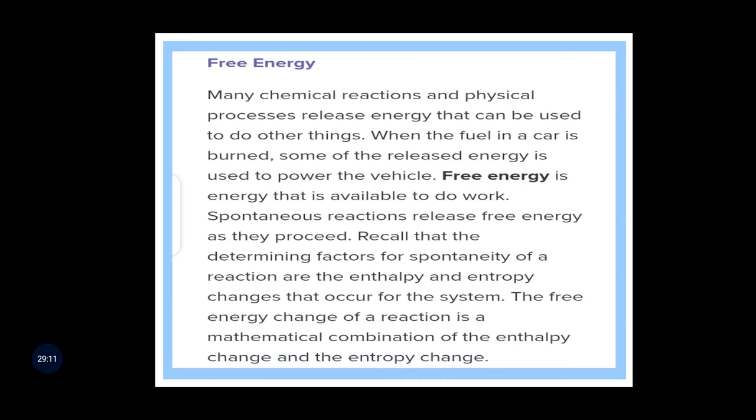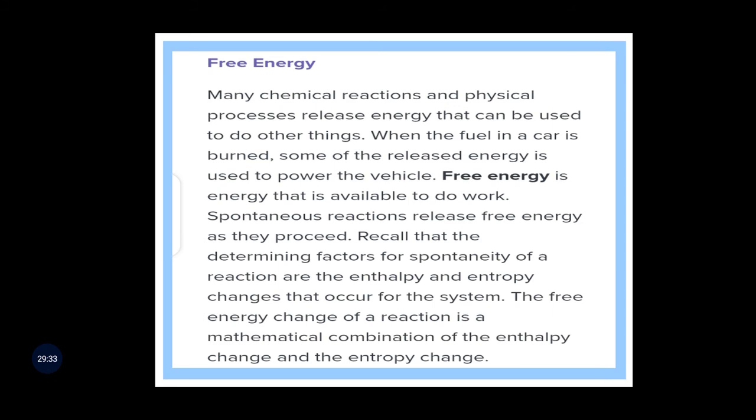So, recall that the determining factors of spontaneity of a reaction are the enthalpy and entropy changes that occur for the system. So the free energy change of a reaction is a combination of enthalpy change and entropy change.